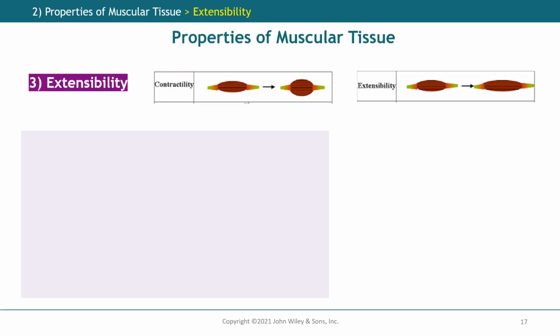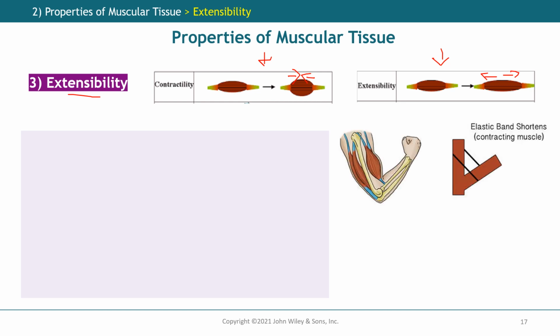The third property of the muscular tissue is extensibility. If you see these two schematics, I think you can understand very easily what is happening. We talk about contractility, that is when the muscle shortens with force, while extensibility is when the muscle stretches out.